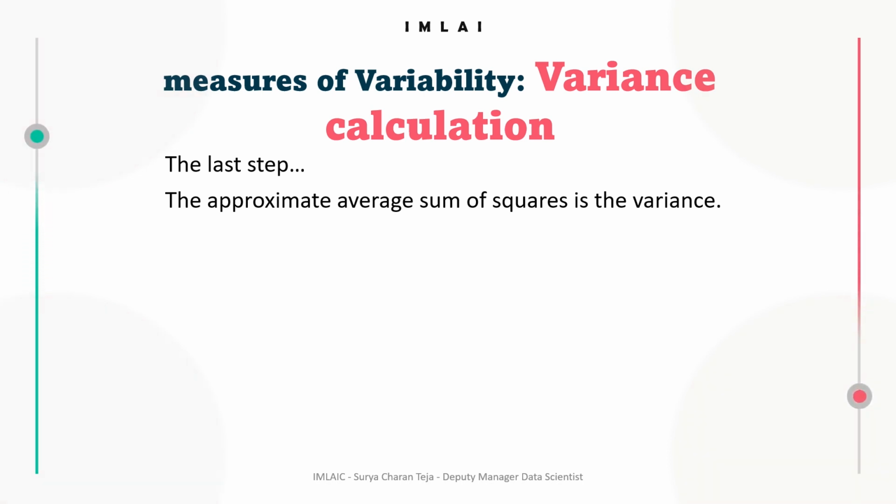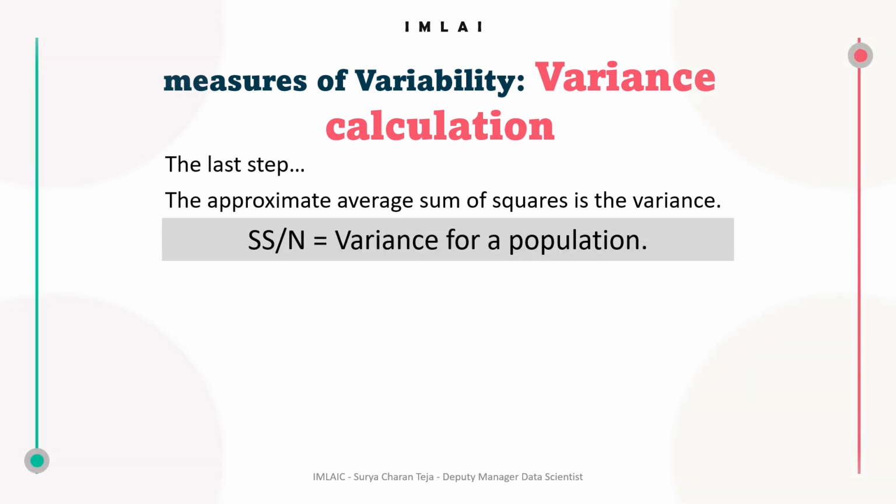So we have seen the four steps. The first step is calculating the deviation. To suppress the negative deviations, we use the squaring method, then we sum up all the squares, and finally you divide the sum of squares by the total number of observations or records. You get your variance. The average sum of squares is your variance.